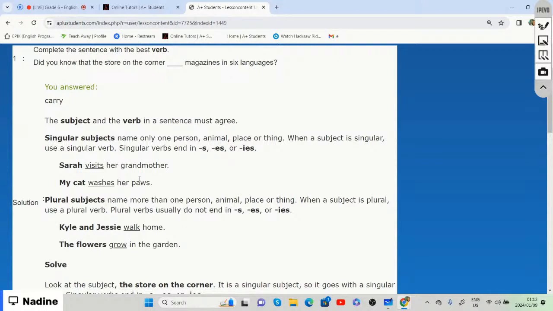Singular subjects name only one person, animal, place, or thing, whereas a plural subject names more than one person, animal, place, or thing. And when a subject is singular, we use a singular verb, and when a subject is plural, we use a plural verb.